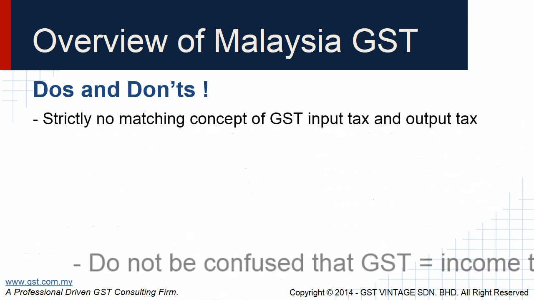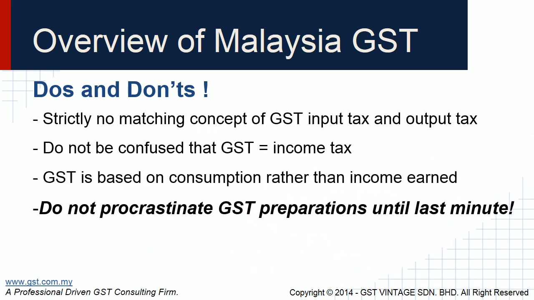These are some tips that you can follow, where you need to keep in mind that there is no matching concept between input tax and output tax. You have to be very clear in drawing the line between input tax and output tax, where input tax is the GST that you pay for your purchases or expenses, for instance electricity and raw materials, while output tax is the GST that you charge to your consumers.